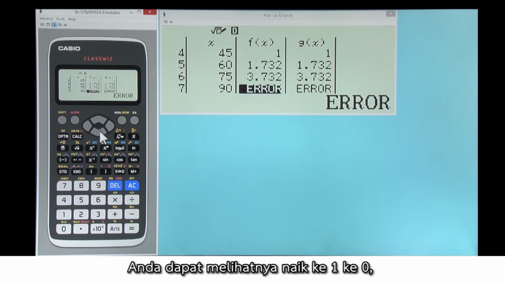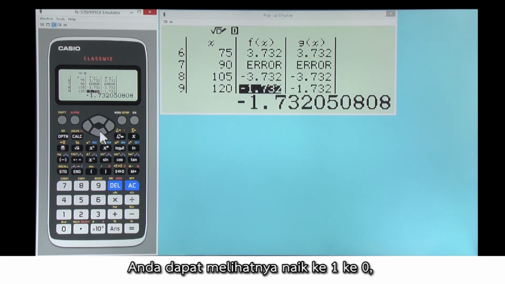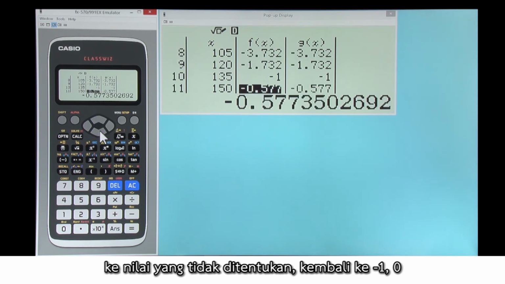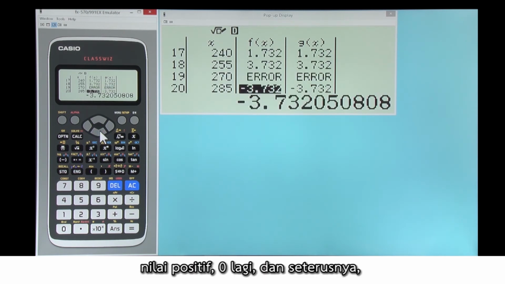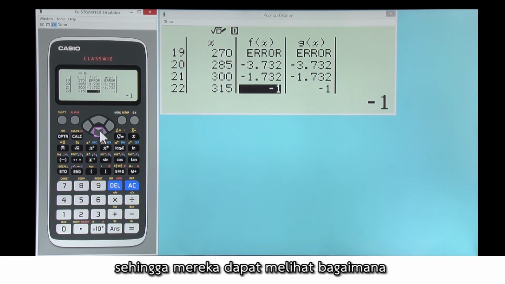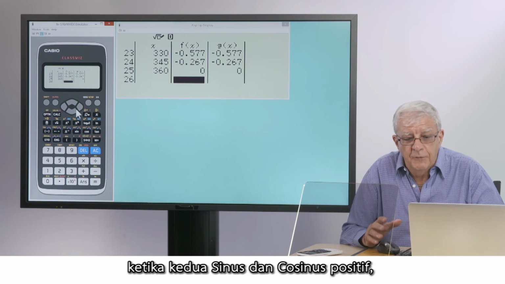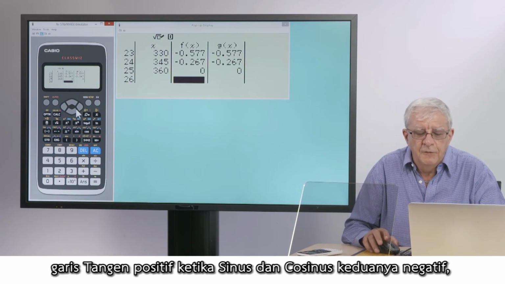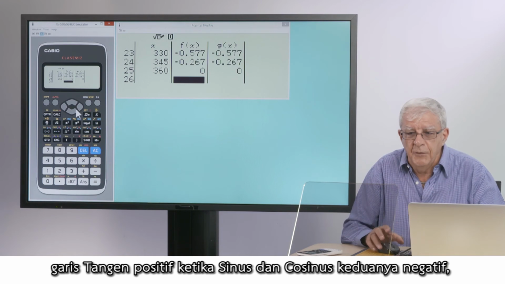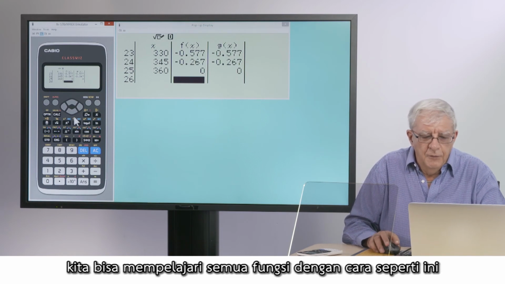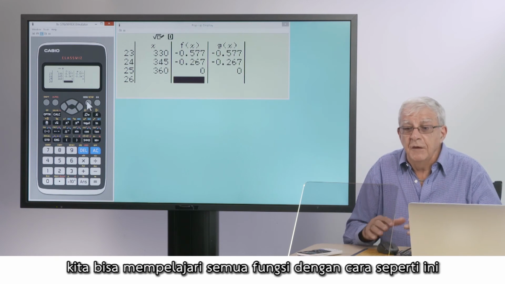You can see it goes up to 1, to 0, to an undefined value, back down to -1, 0, positive values, 0 again, and so on. So they can see how tangent changes as the angle changes. When both sine and cosine are positive, the tangent is positive. When sine and cosine are both negative, the tangent is also positive. Okay, so we can study all of the functions in these kinds of ways.